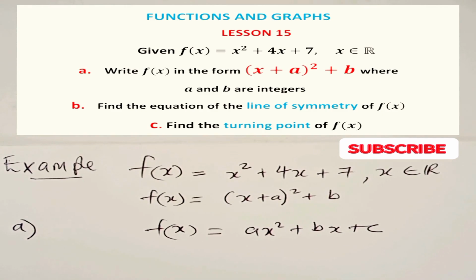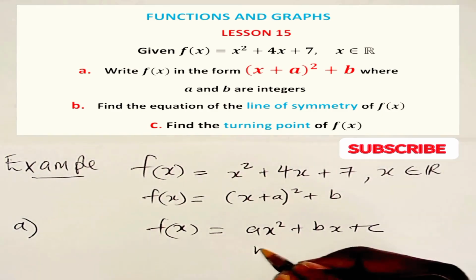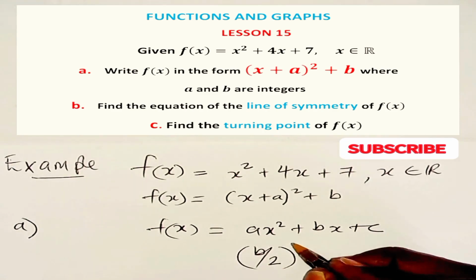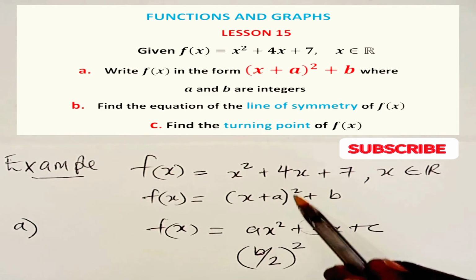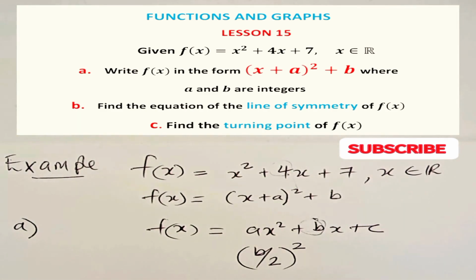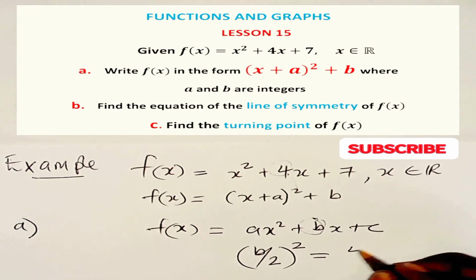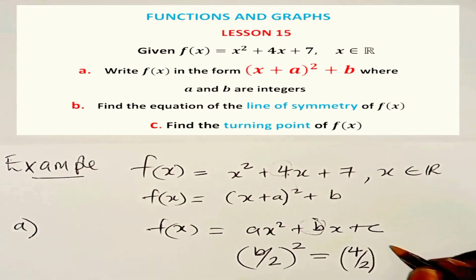Now, the next step, you are going to say b over 2, you square that. So b in this case is 4. All right, so you're going to say this is equal to 4 over 2. You square that, and the result is 4.